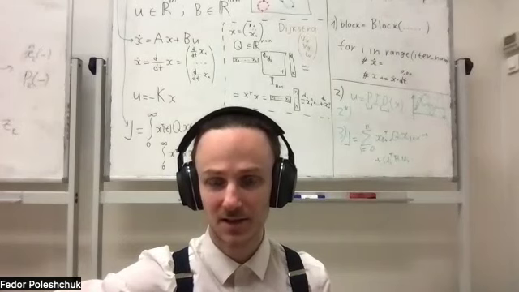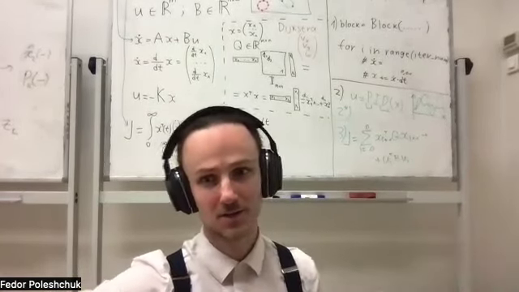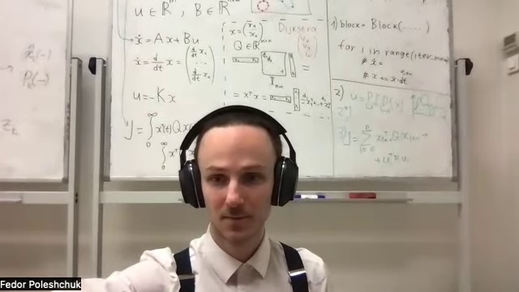And Ahmad, can I ask you to write the home assignment in the chat, please? Let me write it. So basically, it is to design a full state controller, and then design a quadratic linear regulator.